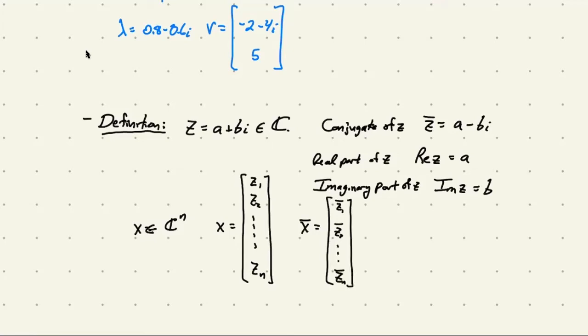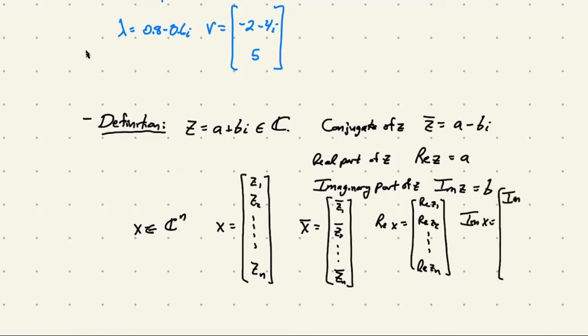Similarly, I can take the real part of a vector as the vector of real parts, and the imaginary part of a vector as the imaginary part of each of my entries.